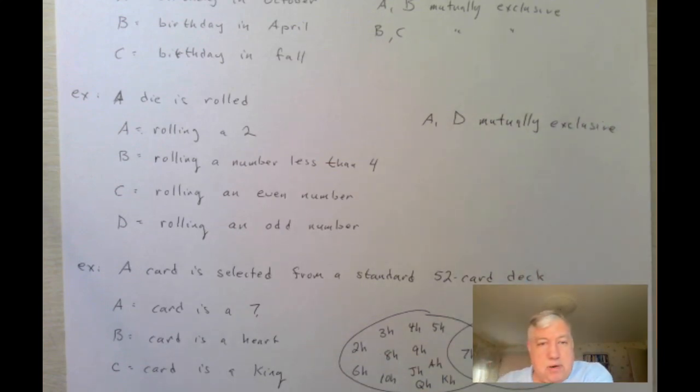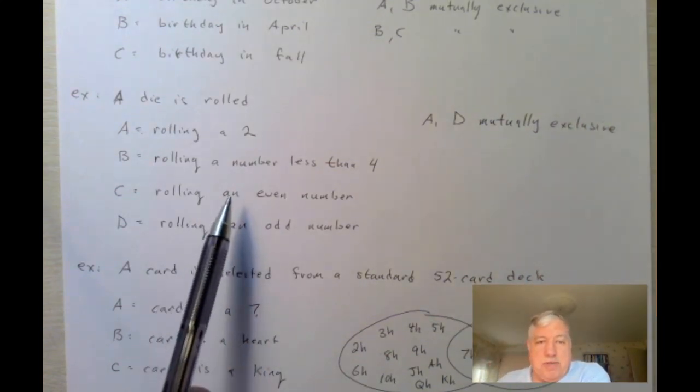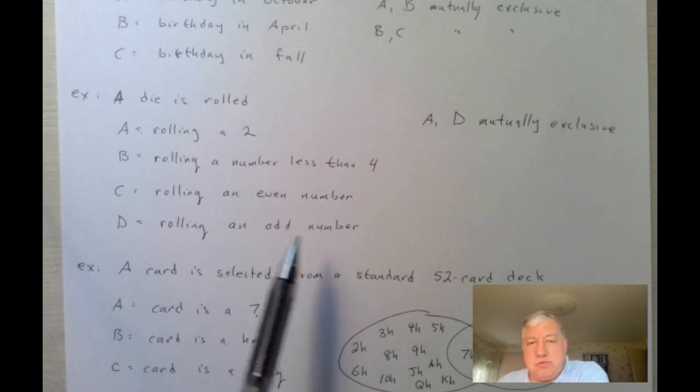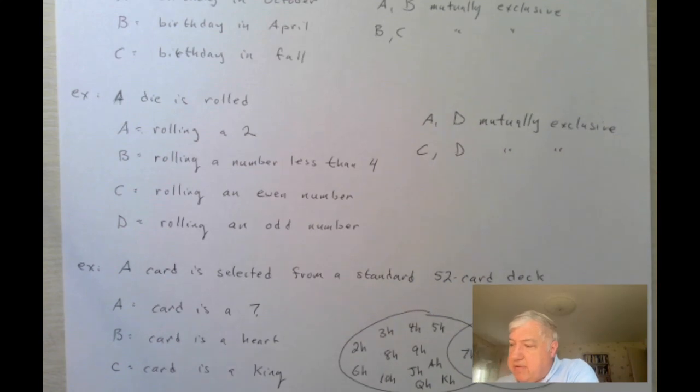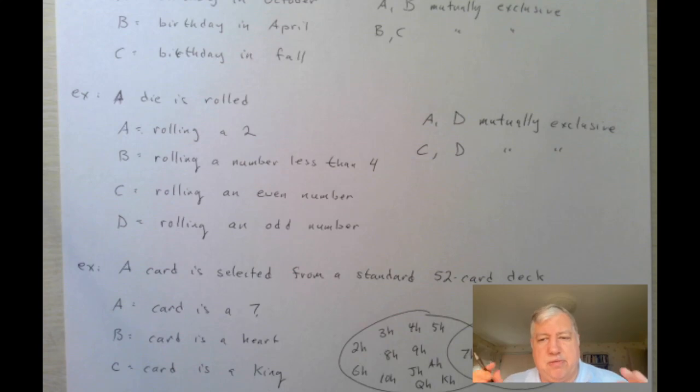And also, rolling an even number and rolling an odd number would clearly be mutually exclusive. Basically, mutually exclusive means that if you look at the sets, the outcomes that correspond to one event and the outcomes that correspond to another, they don't intersect.